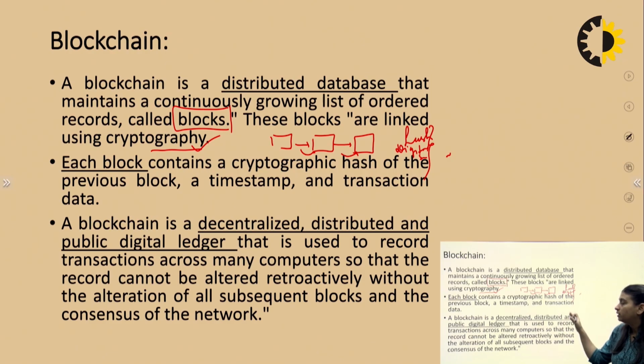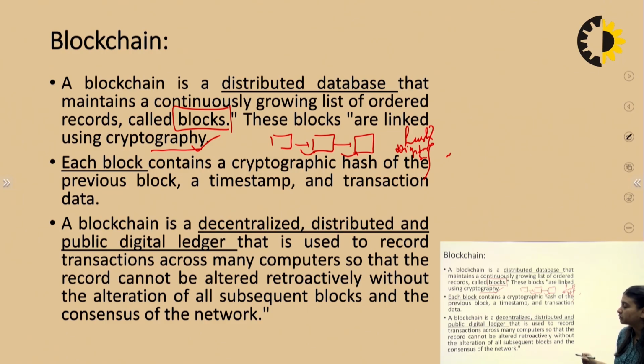The second point says the same thing: it contains a cryptographic hash of the previous block, and that is how the blocks are interrelated, and how a chain is formed.